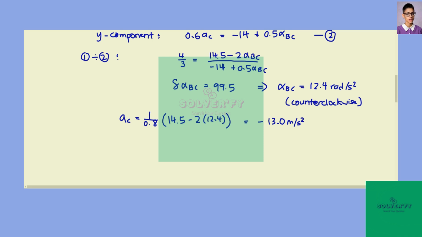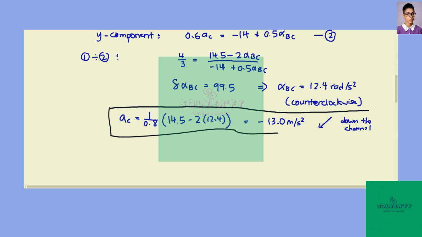The direction is along the slope, but down the slope, or down the channel. So this is the answer for the acceleration of block C, and that's all.